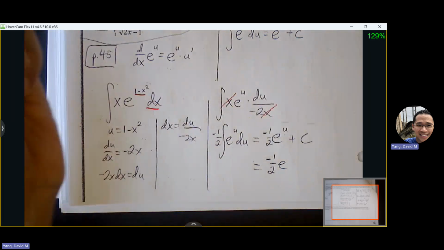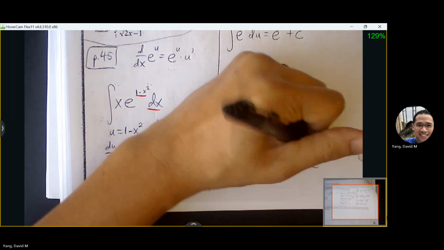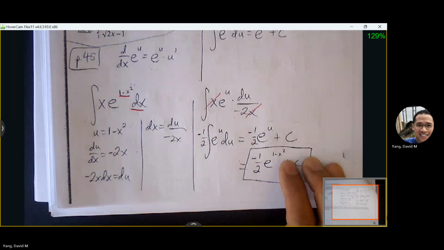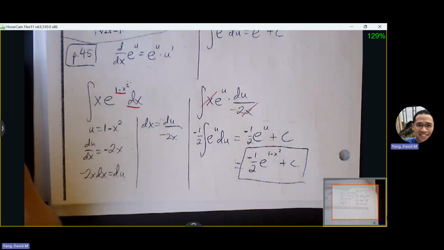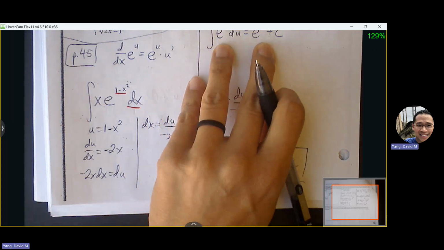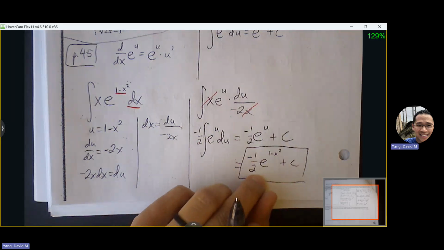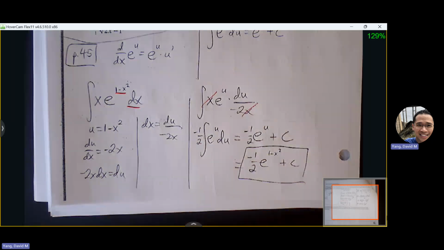What goes in the exponent? 1 minus x squared. Say that the integral is e to the u plus c. Yeah, you have to distribute the 1/2 to the c. The 1/2 times c is just c, so it's not wrong if you did that, but typically we should leave that plus c.